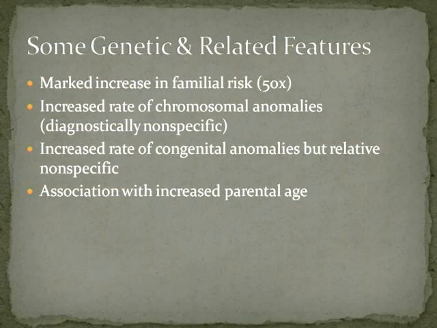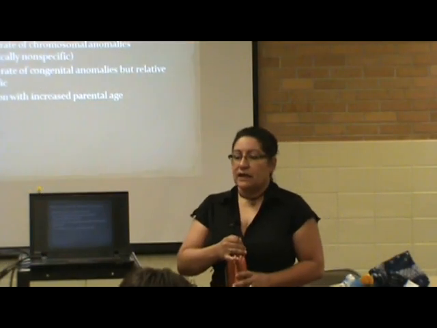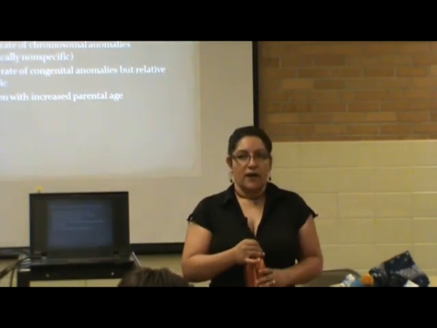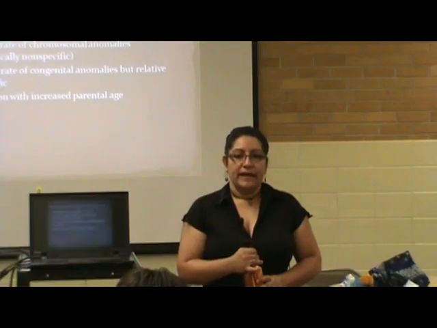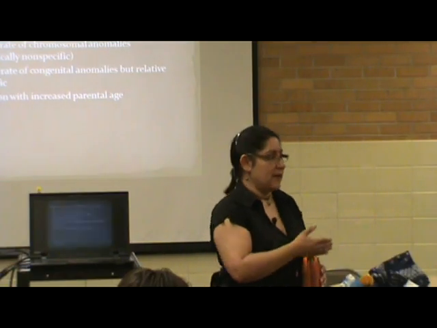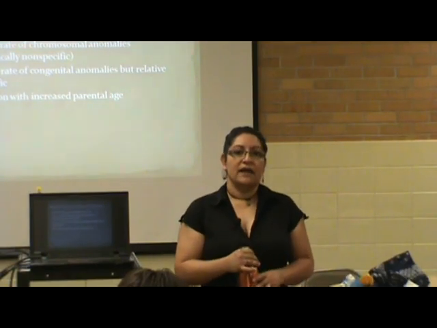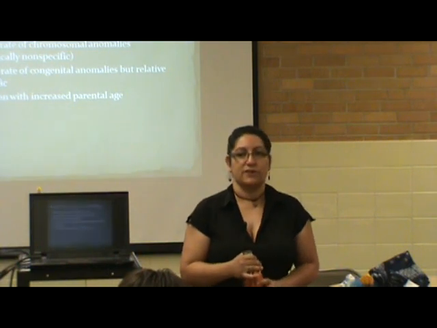Some genetic and related features, marked increase in familial risks. Michael and I will probably speak to this when we talk about mental health and autism, but if there isn't another relative somewhere in the family who has autism, then a lot of times there are some mental health issues going on.